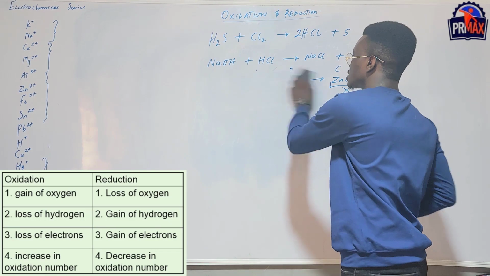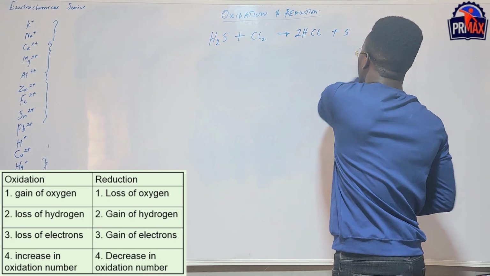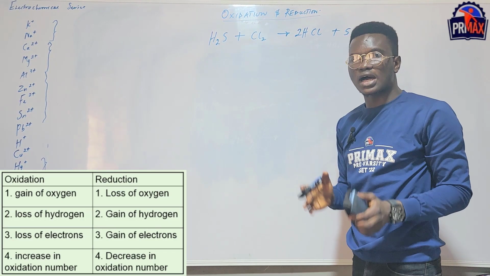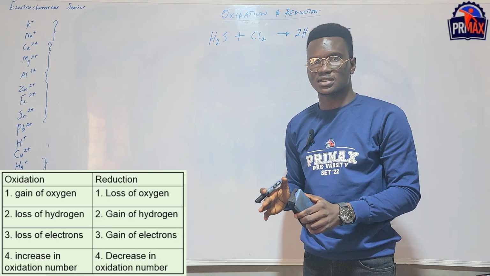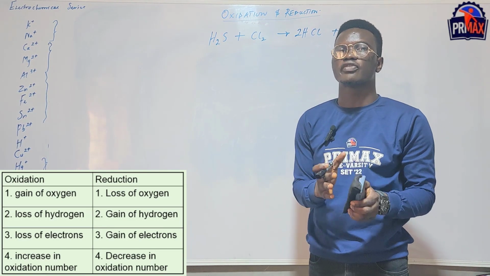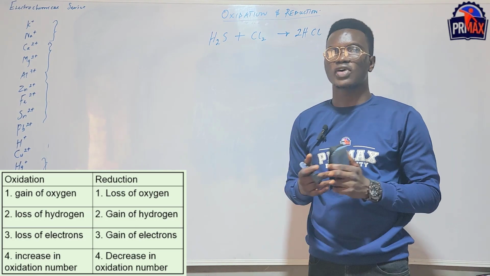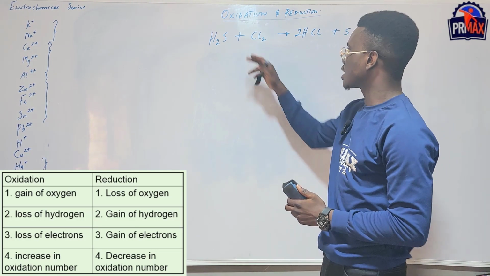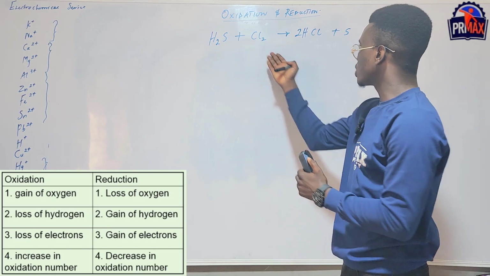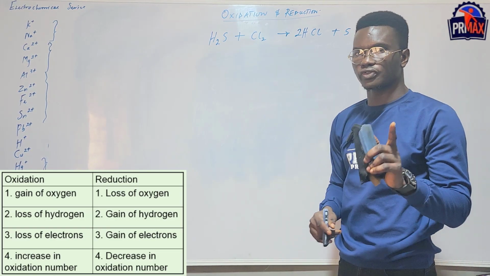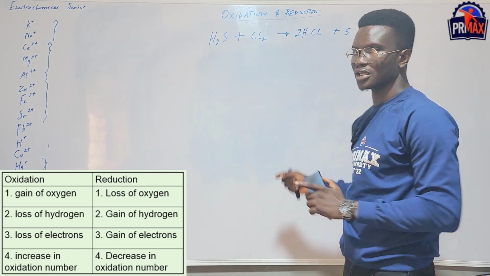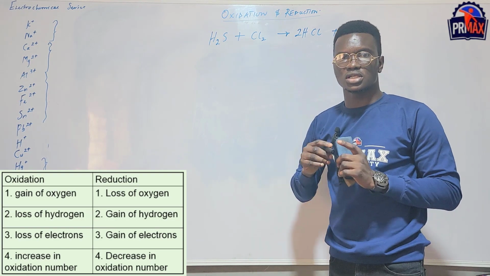Another definition is that oxidation is the removal of hydrogen from a substance, while reduction is the addition of hydrogen to a substance. Let's look at this equation, for example. Where did we remove hydrogen? Don't forget not to pick your answer from the products.